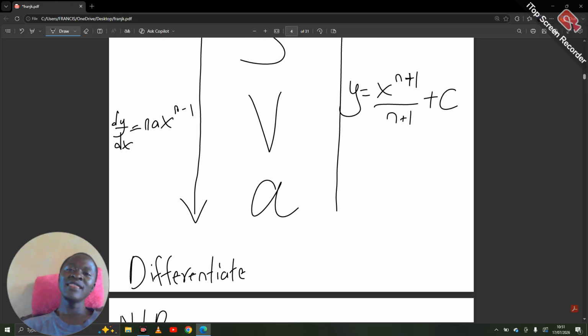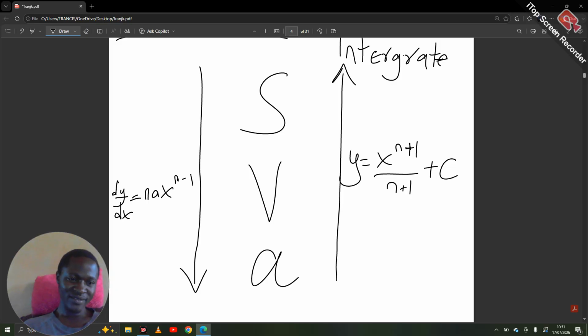Remember, for you to master this formula, for this formula to stick with you, anytime you are doing revision and you come across a question on integration and differentiation, make sure you write this formula, everything the way it is, from the arrows drawn to the integrate and differentiate noted, and the formula beside them noted very well.